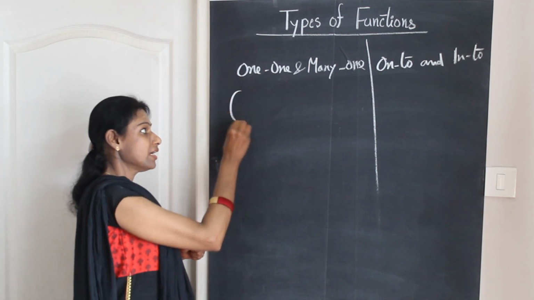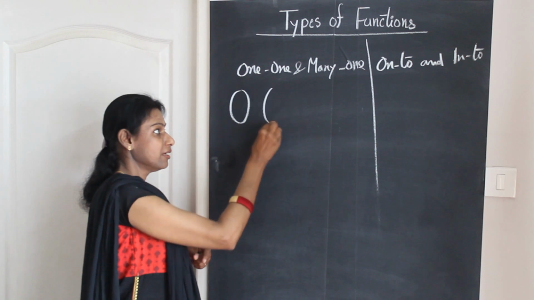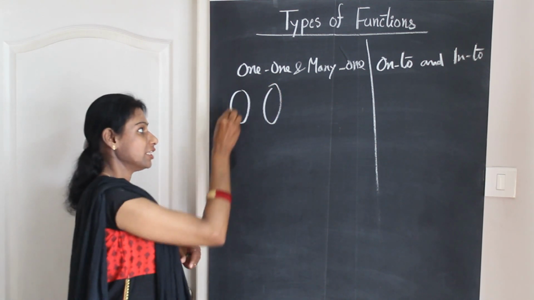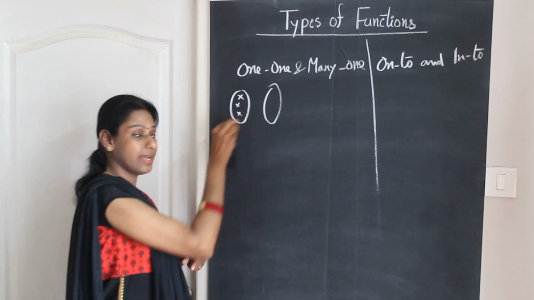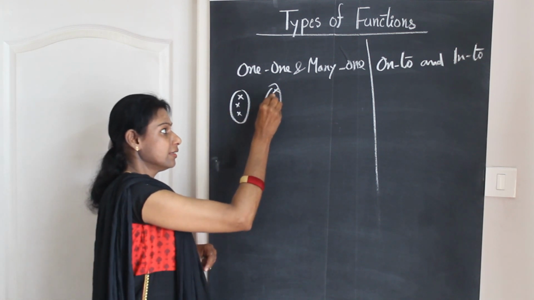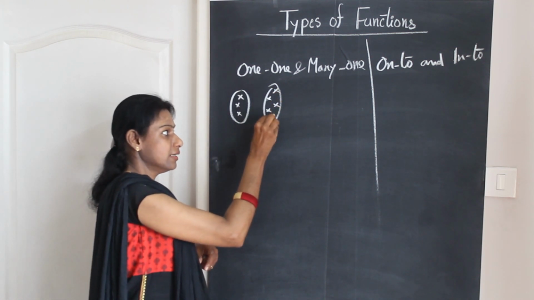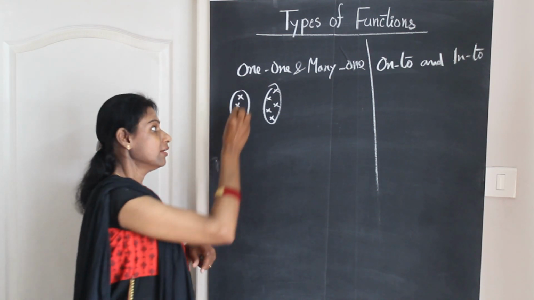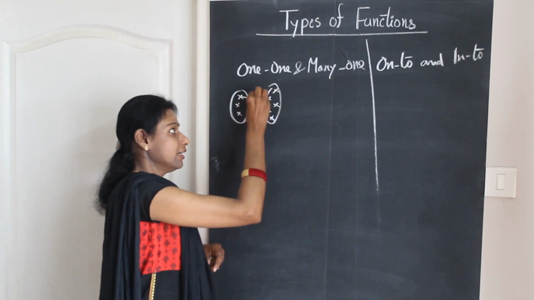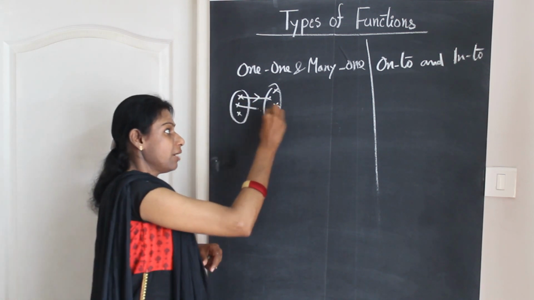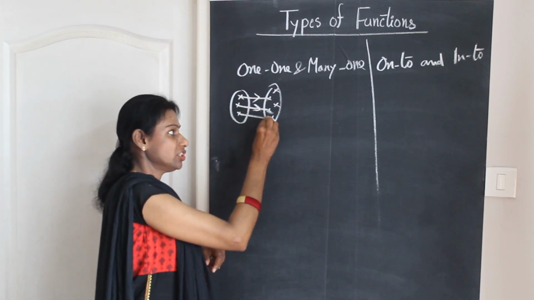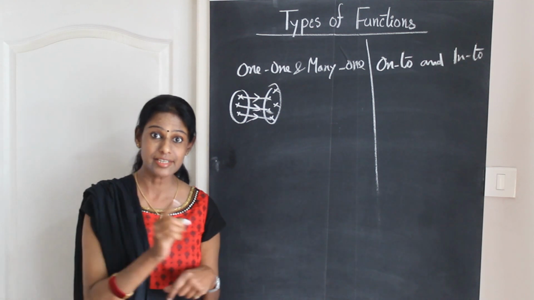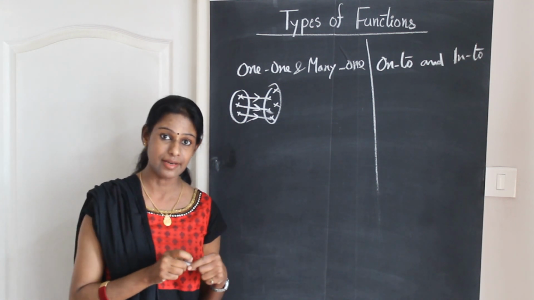So if we draw the arrow diagram for a one-to-one function, here are the elements in the domain and this is the codomain. If it is a one-to-one function, then each element of the range has a single pre-image in the domain.